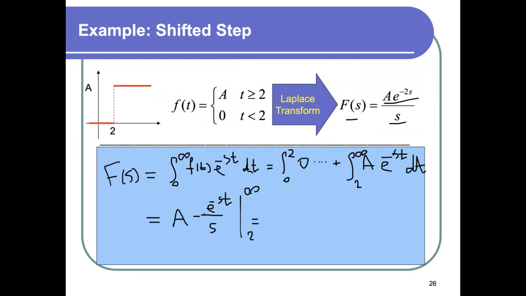So when I use infinity, I get 0. When I use 2, we have a minus sign here, so it's positive: a e to the power of minus 2s over s. Notice that we no longer have t as a variable, right? Which is exactly this guy.